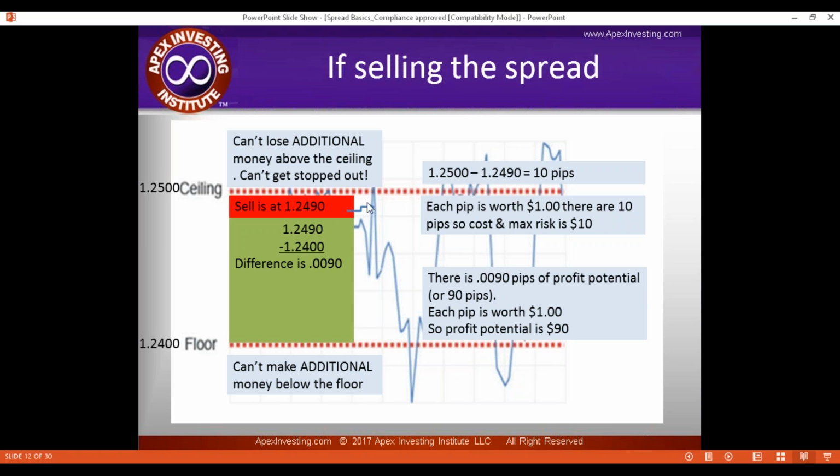Sold at 24.90, market goes down 200 pips, each pip is worth $1. Do I make $200? Do I profit on all 200 pips? Right, I can only profit down to the floor. So 90 pips of potential profit to the floor, each pip is worth $1, potential profit is $90.